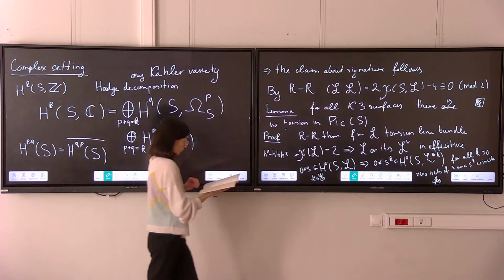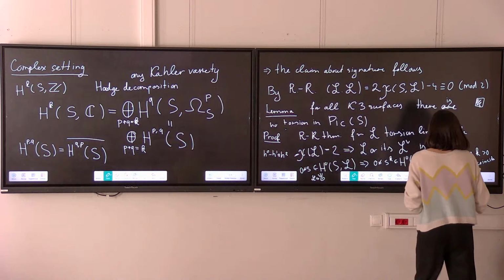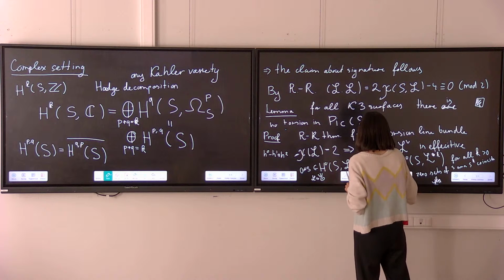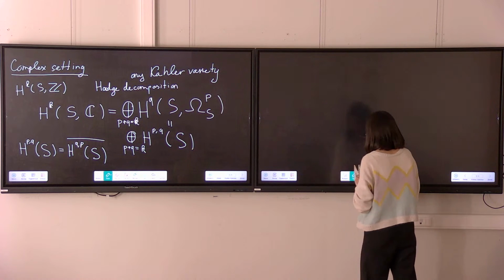And today we will just use it many times in what follows too.